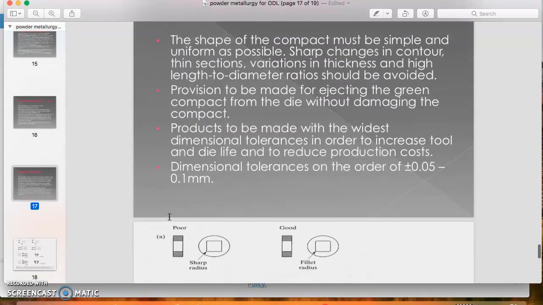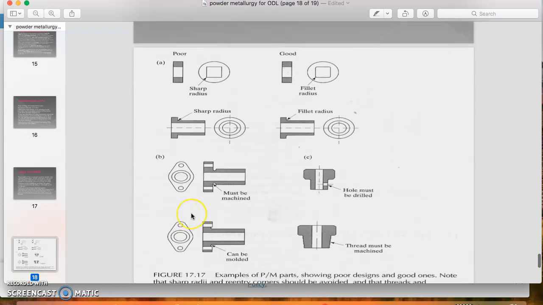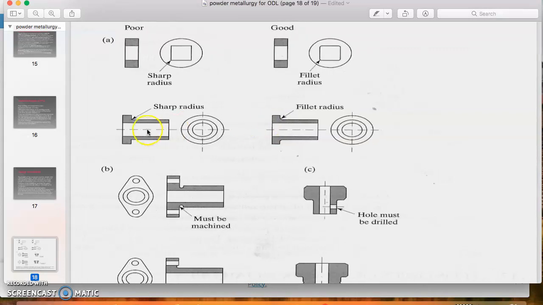This shows the design capability, or rules to design the powder metallurgy part. You can see the right side is a very good design, the left is a poor design. So try to eliminate the poor design and move to the good design. For example, we avoid sharp corners and use a fillet radius.